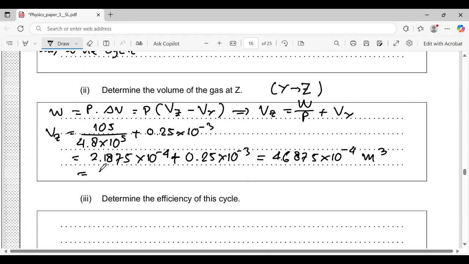Or it's going to be 0.47 times 10 power minus 3 m cubed, the result. This is the volume at C.